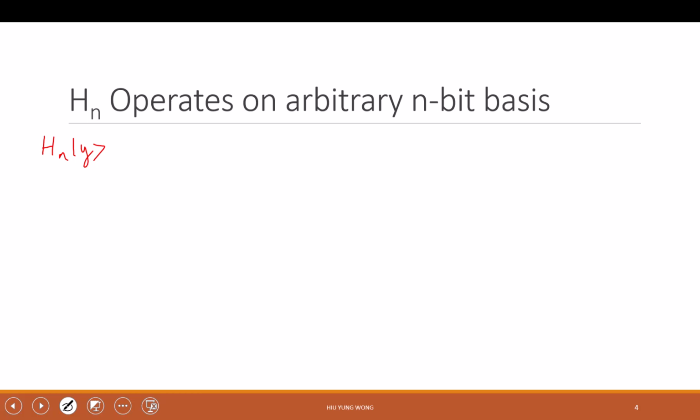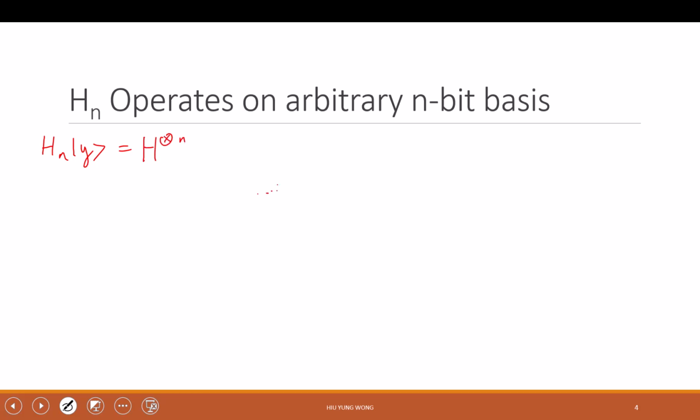So first of all, how many qubits do we have in y? Should be n, right? Because we're talking about n qubits. So that's why, like what he said, I'm going to write it as H to the n.